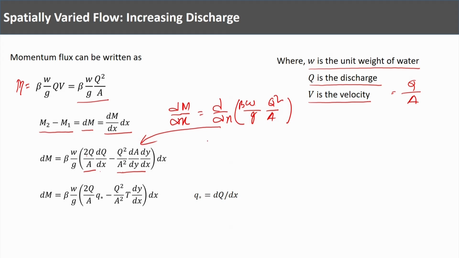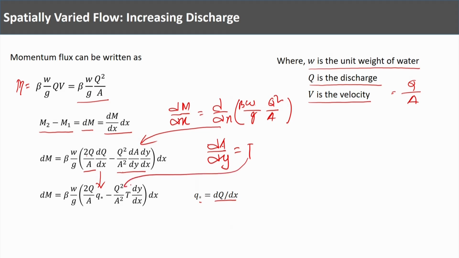Now here dQ by dx is nothing but your q star, that is the amount of water entering the control volume per unit distance, and dA by dy is your T. Okay.